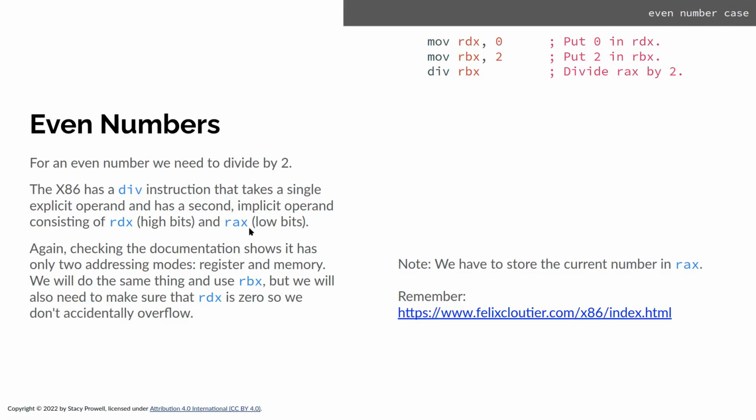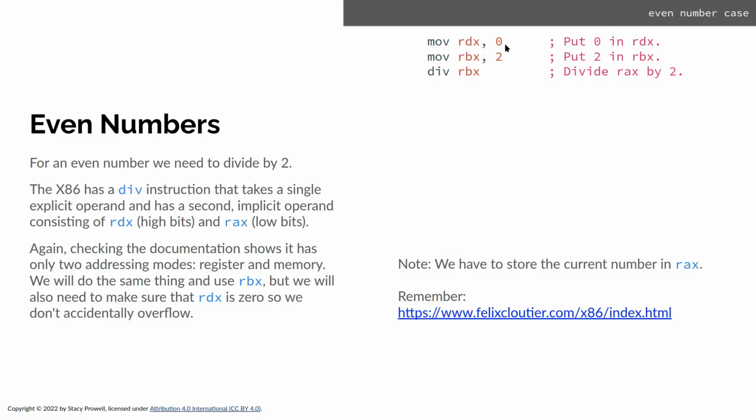Okay, that's great. Since we know the thing we want to divide is in RAX, all we have to do is put 2 in RBX and divide. So there we put 2 in RBX, div RBX, and the result is in RAX, so we're done. This divides RAX by 2.